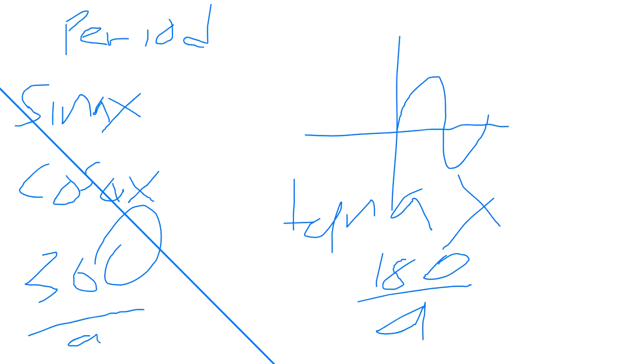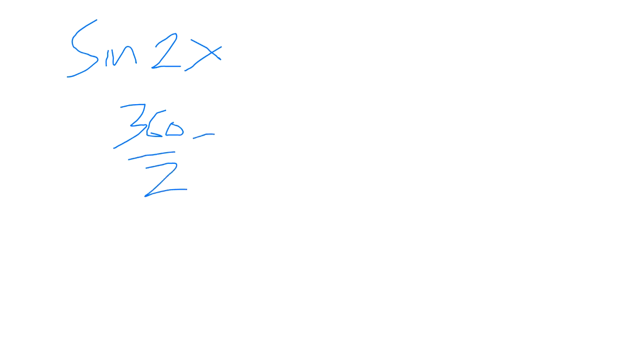So in effect, if I have sine 2x, my period is going to be 360 over 2, which will give me 180.